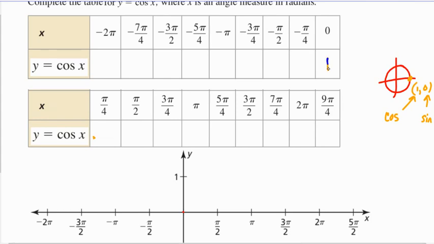So cosine starts at 1, goes with the same pattern of 0.7071, and then 0, and then negative 0.7071, and then negative 1, negative 0.7071, 0, 0.7071, and back up to 1.